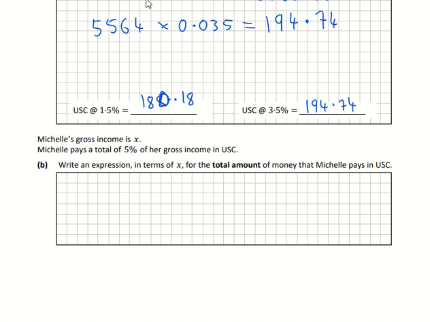Well, 5% of X, where X is her total gross income for the year, so that's everything she earns. 5% of that would be multiplying it by 0.05, or as a fraction, 5% is 1/20, so X times 1/20, which is the same as X over 20. You could use either of those.